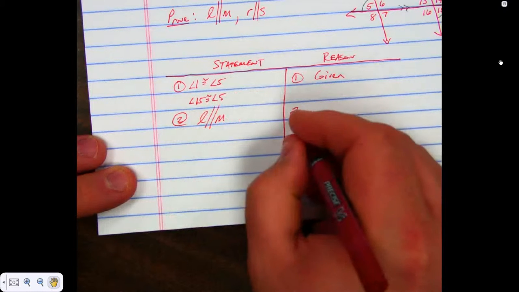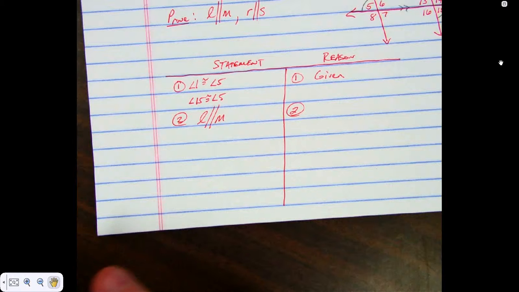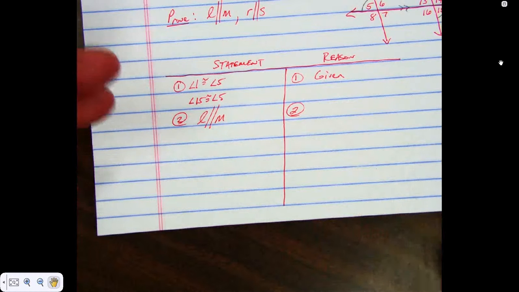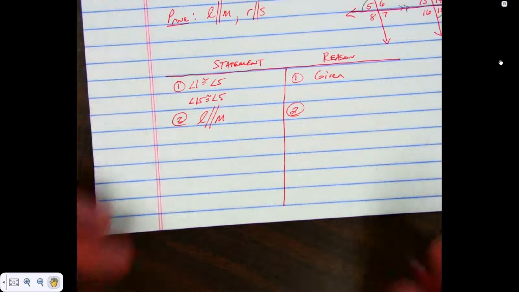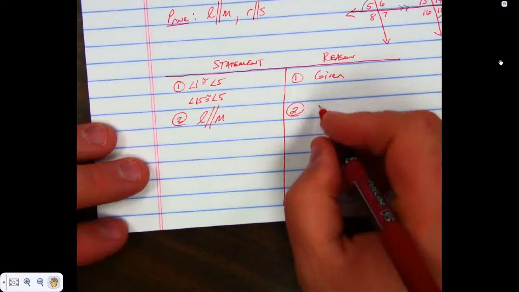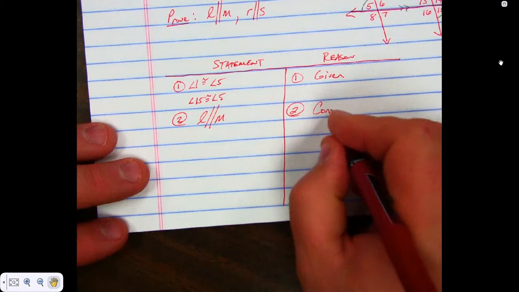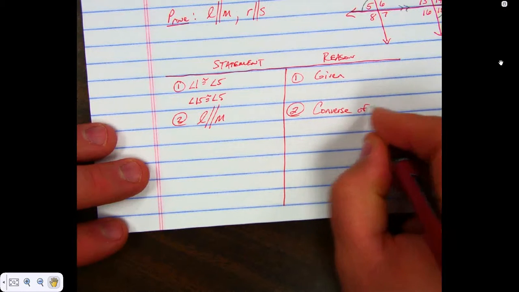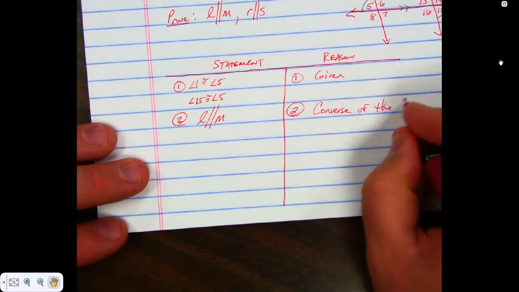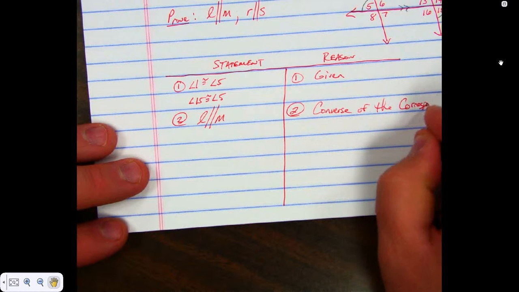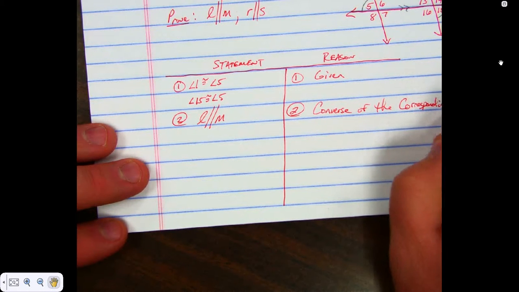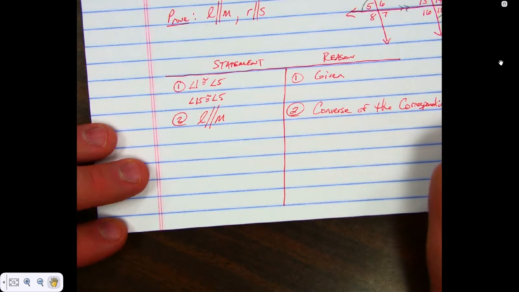Now the most important thing, and what they're trying to get you to do with a proof like this, is say why. I want you to see why that is true. You can either write that out or you can say the converse of the corresponding angle theorem.